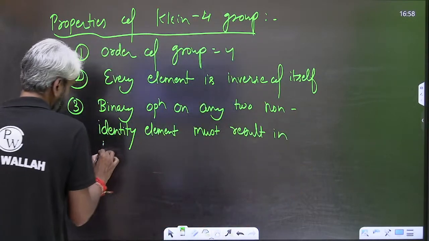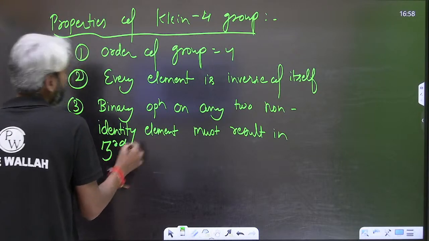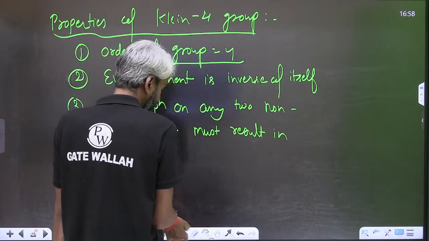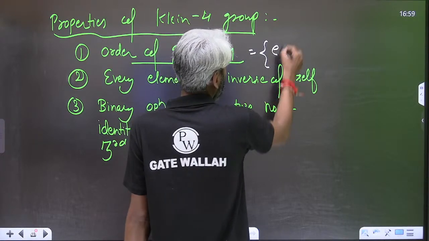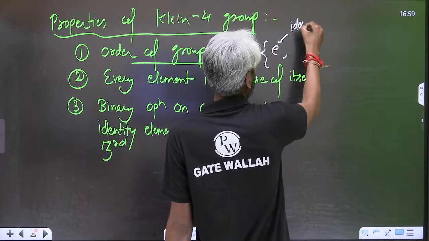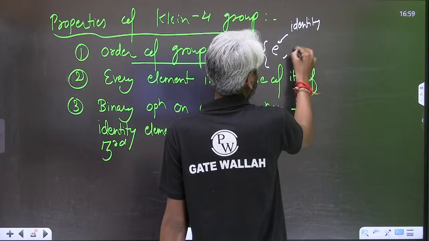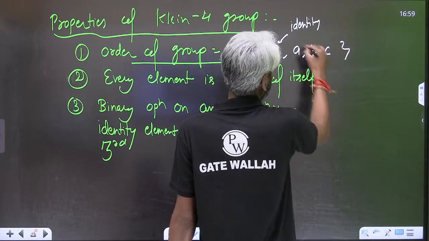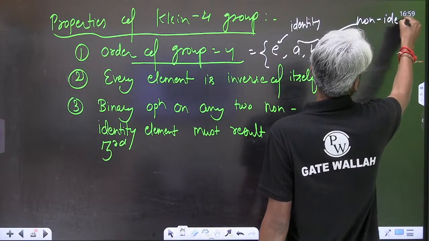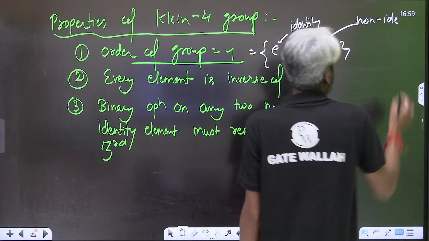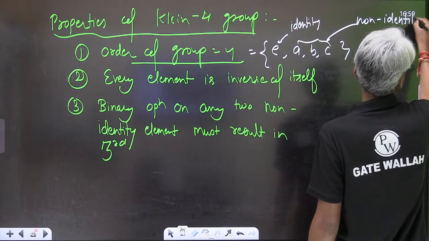So obviously, if the order of the group is 4, there will be one identity element. Apart from that, there will be exactly 3 non-identity elements. So if it is a group, there will be in total 4 elements.